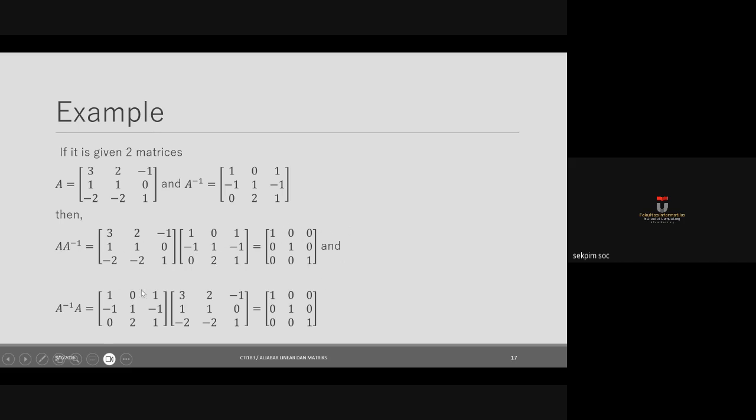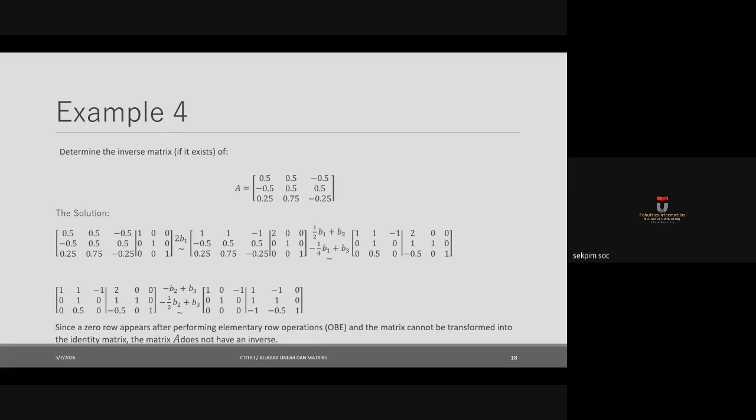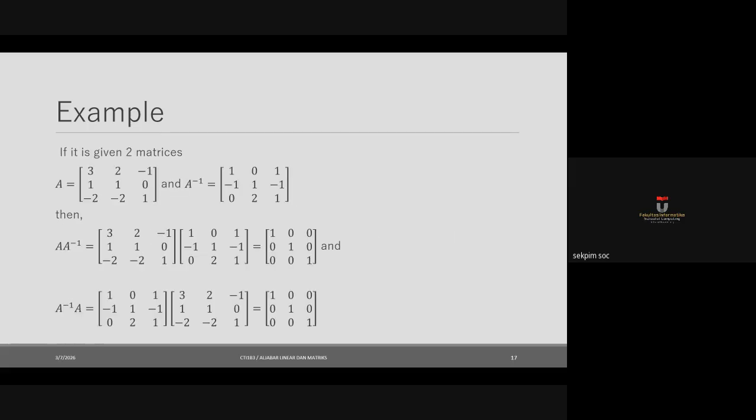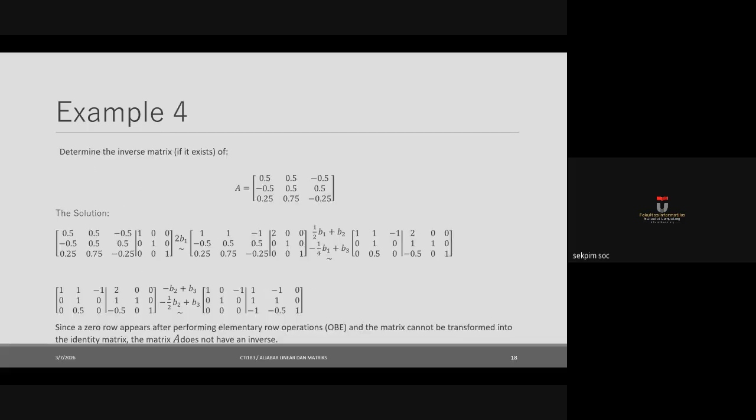And you can calculate it yourself, okay? And for A inverse A, this is A inverse, this is A. If you multiply these two matrices, you will also get the identity. So it's verified that the resulting matrix from the several row operations we just did before is the inverse of the matrix. Okay? If you have any question, please don't hesitate to ask.